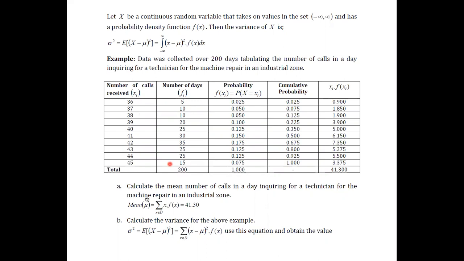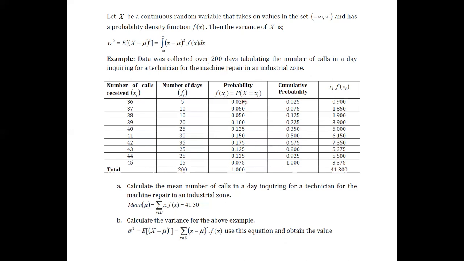The last row says there are some days having 45 calls per day asking for a technician, and there were 15 such days. If you consider this set of days, the summation of days equals 200, because we have considered 200 days.